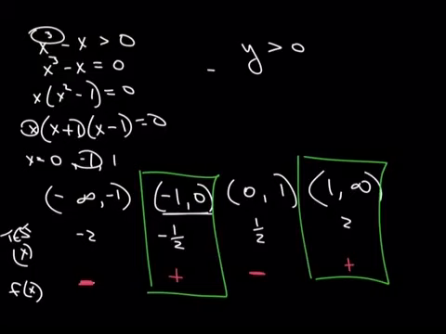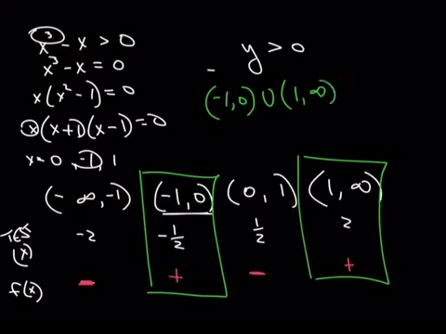If you look at the graph on page 321, it tells you in the little blue shaded part of the graph when that graph is above the x-axis, when the y value is greater than 0. All you have to do is write your answer down as negative 1, 0, union 1, infinity.